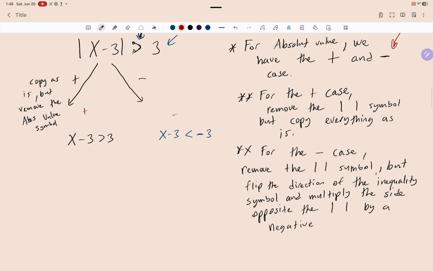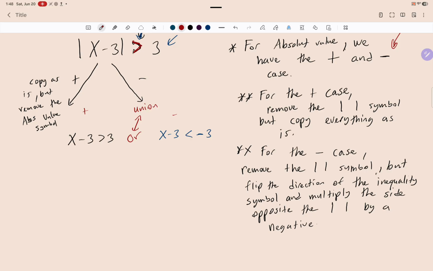And notice that at the beginning, the inequality symbol is facing the absolute value. So remember our little song: or, the wolf eats you, and then it runs away. Since the wolf is facing us, it's the or statement. Okay, and remember in mathematics, in particular in this case, or means union.